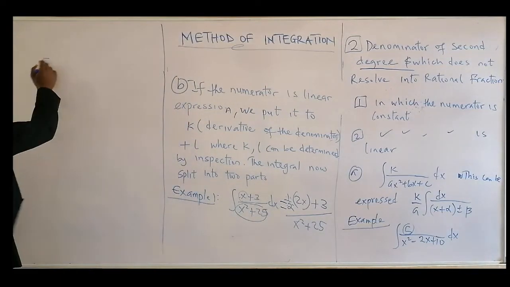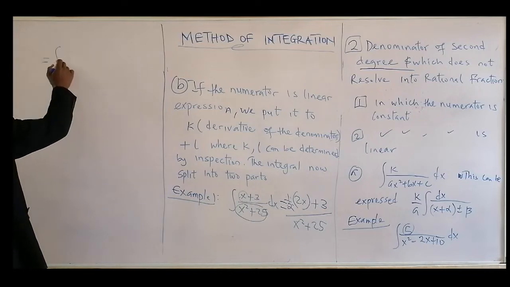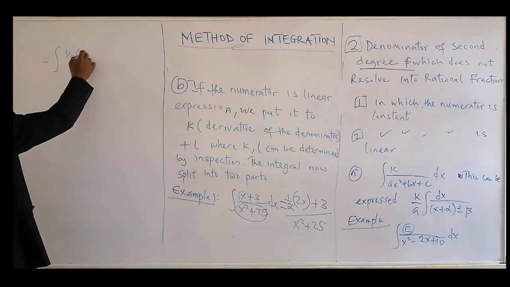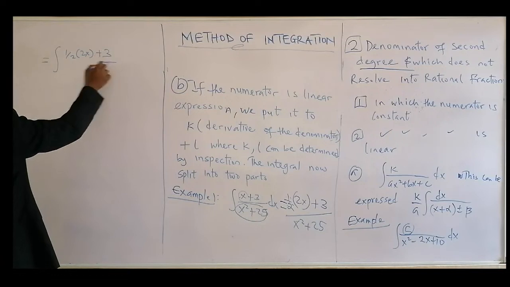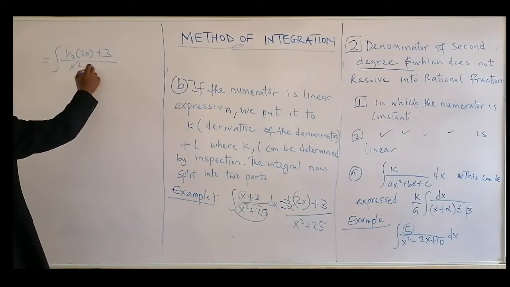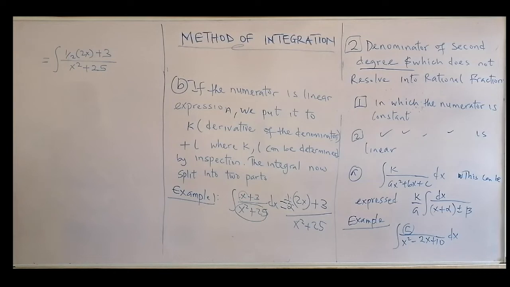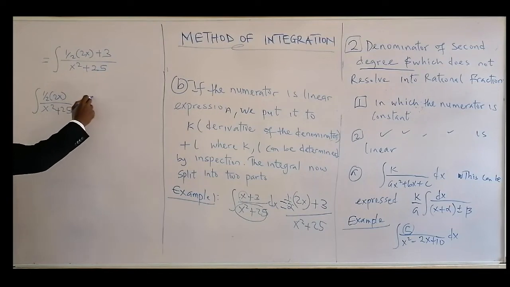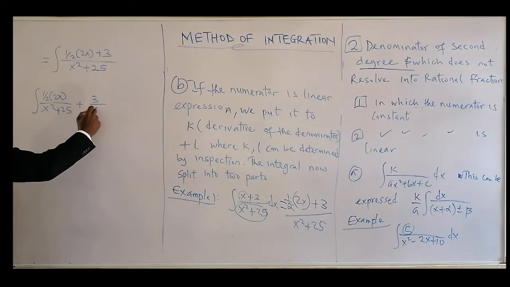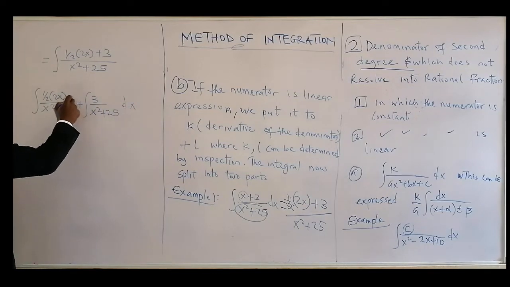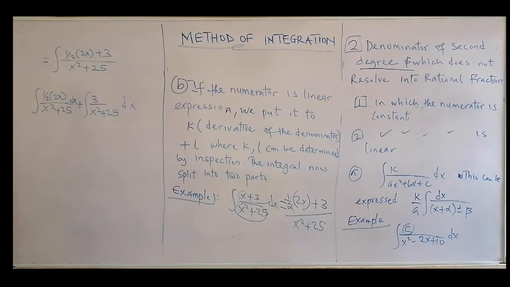So that will be equal to the integral of half into bracket 2x plus 3 all over x squared plus 25. Then you can split the integration into 2 parts: the integral of half 2x over x squared plus 25 plus 3 over x squared plus 25, dx.